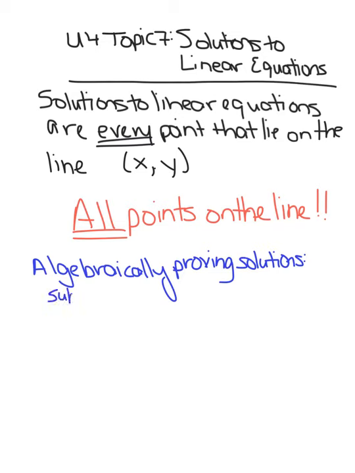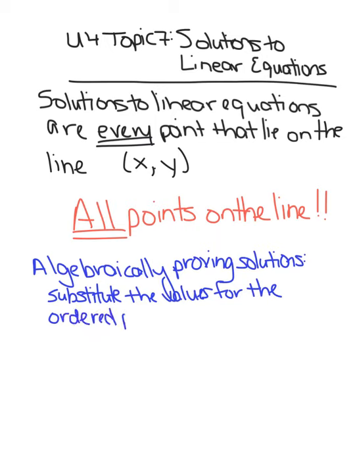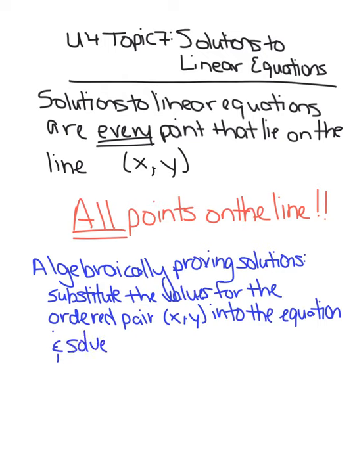So this is what we're going to do. We're going to substitute the values for the ordered pair, which is the x comma y that we talked about up above, right, into the equation and solve to see if it's true.